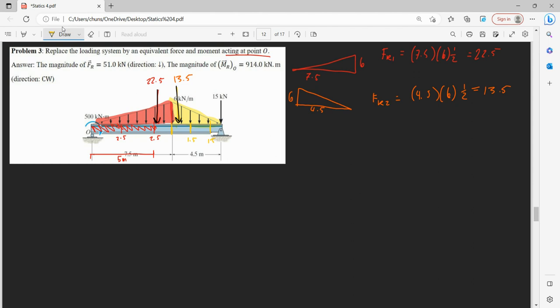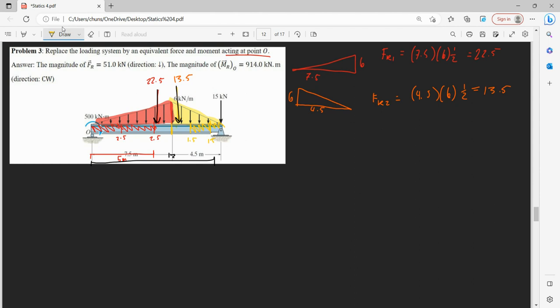If our total length of our beam is 7.5 plus 4.5, so 12 meters, then we want to subtract these two sections to get where it's applied here.